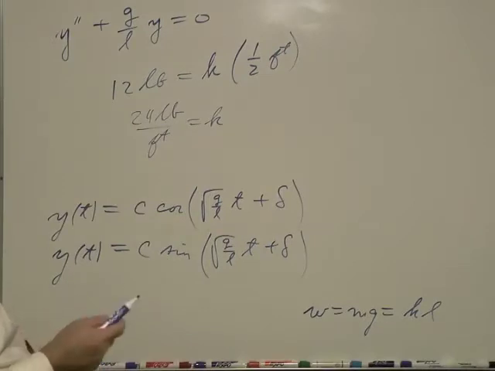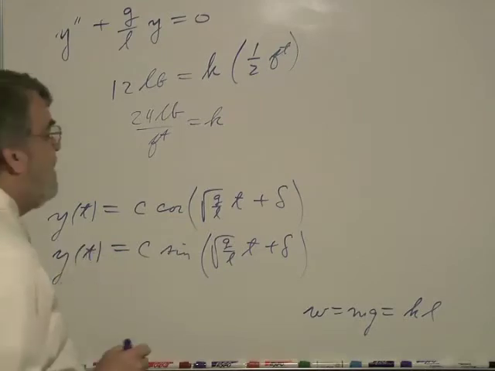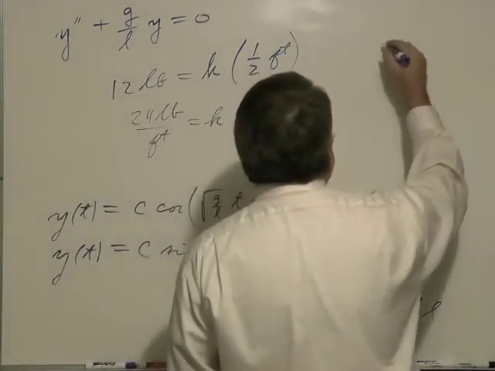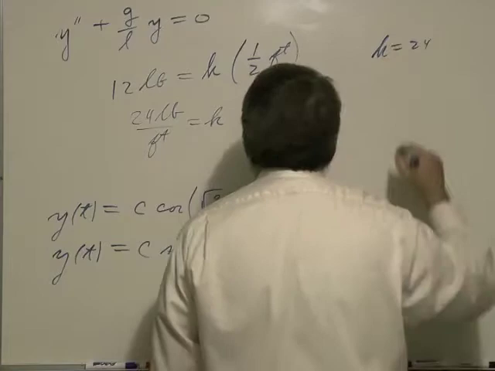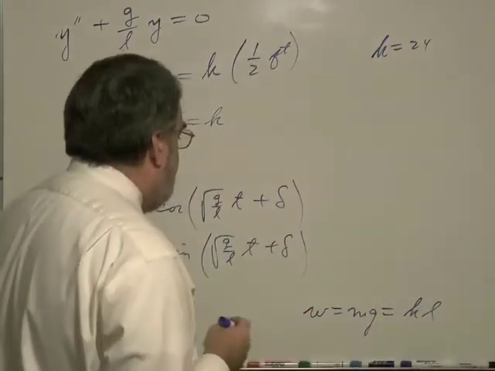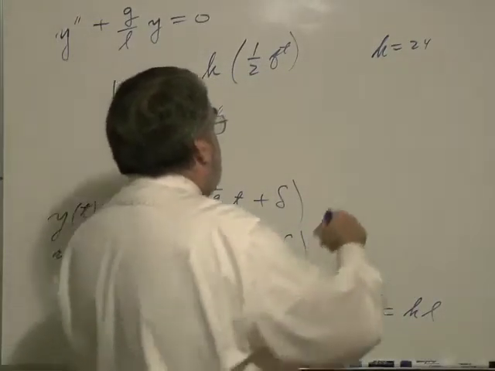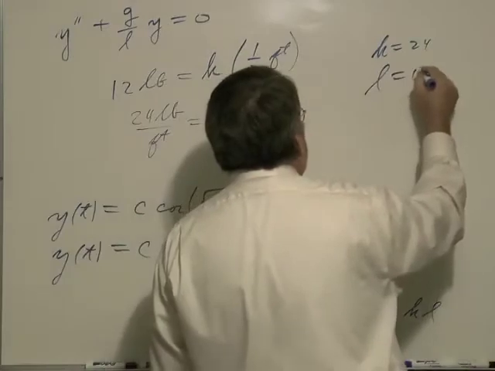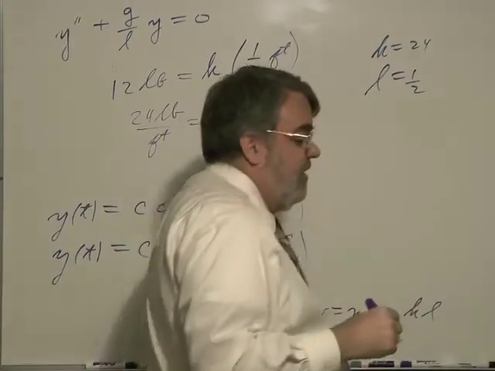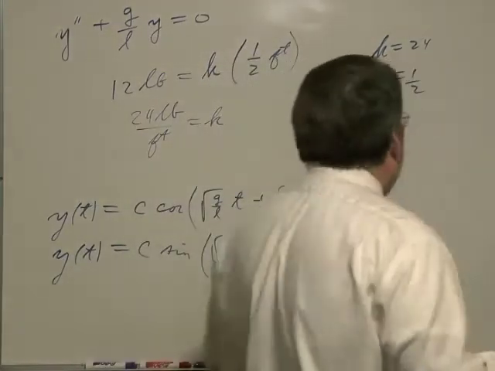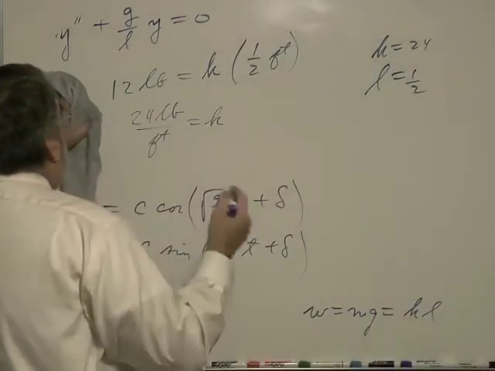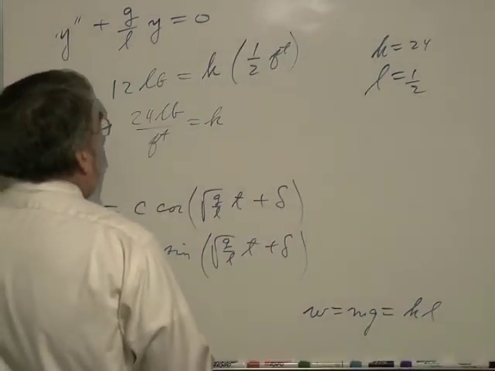So anyway, k is equal to 24 here. I'm not going to worry about the units, but it's worth looking at. But anyway, k is equal to 24, and length was equal to 1/2 foot, not 6 inches. Well, 6 inches is 1/2 foot, isn't it?